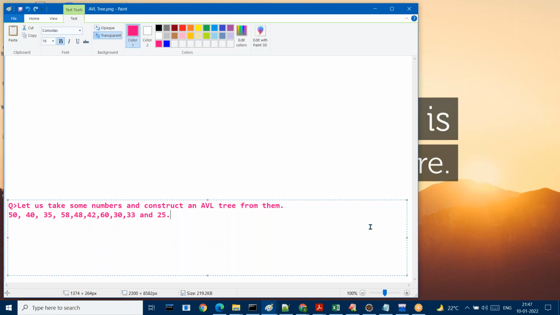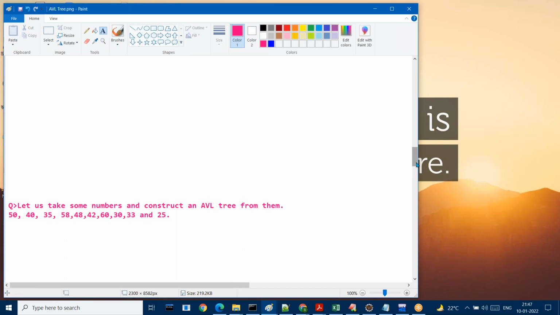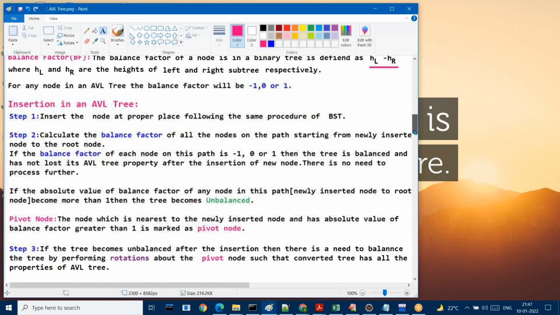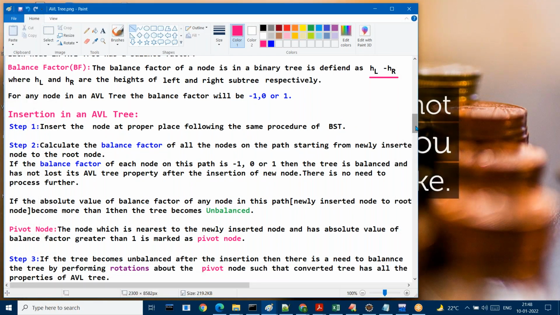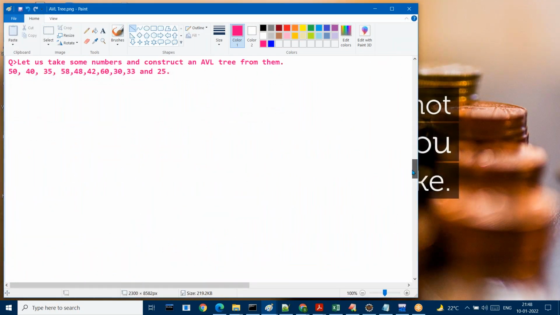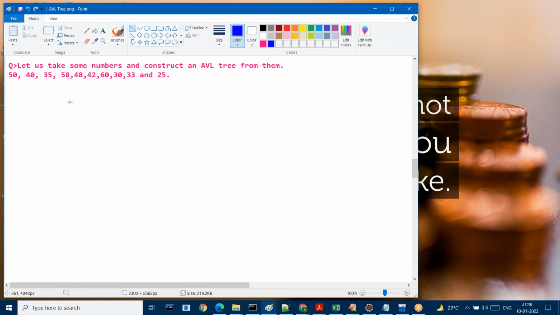Let's start. You remember insertion in an AVL tree, the very first point is, sir, the insertion is the same as binary search tree insertion. Remember the first point, guys? Insert the node at the proper place following the same process of binary search tree. Already we know binary search tree insertion, sir. Then how will you start? Sir, it is very simple. Step number one.